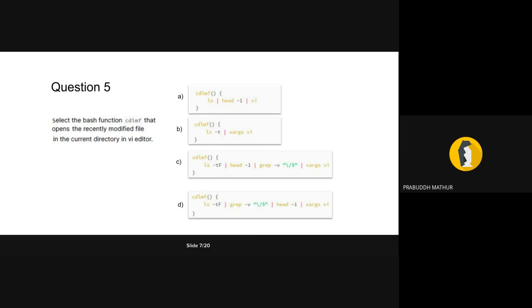So it matches only those which are not directories, so we'll get all the files. We have to open the latest recently modified file. So with grep -v on the first two commands, we get all the latest modified files. Then we get the first file with head -1, and we pass it as an argument to vi using xargs.